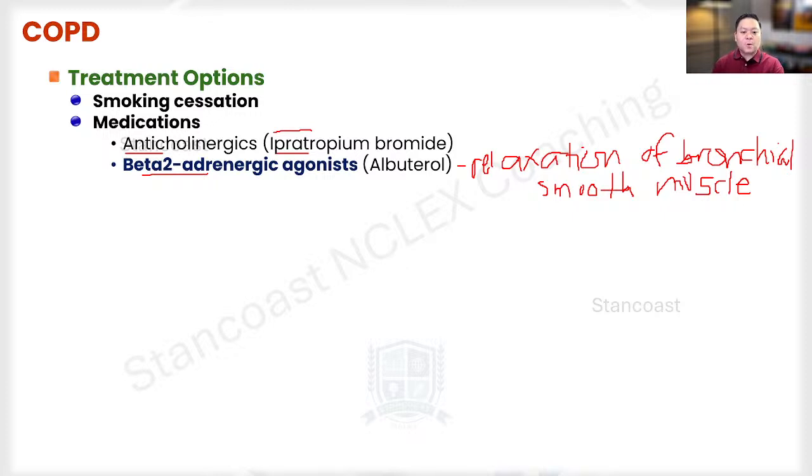Okay. Now, the beta 2 adrenergic agonist is going to provide quick relief. There's also that long-acting beta-2 agonist like the salmeterol. Okay, so albuterol is the rapid-acting, whereas there's also that long-acting type of beta-2 adrenergic. Salmeterol.